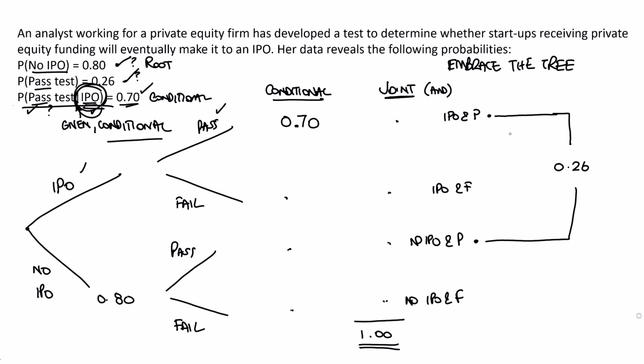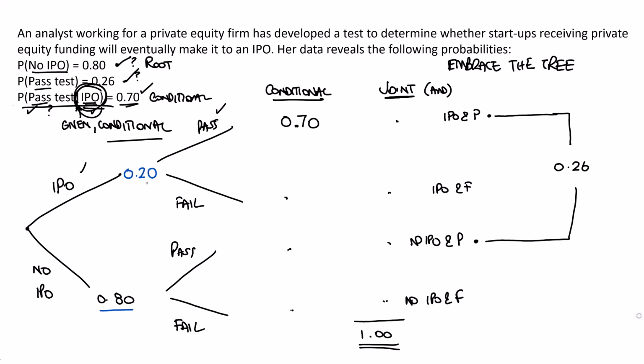So now the fun part. What can I start filling in? Let's go back to the root. No IPO is 0.8. Well, there's only one other option. IPO must be 0.2. What I've done there is use the law of total probability for mutually exclusive and exhaustive events. Or, in simple language, the fact that the probability of every possible outcome has to add up to 1. That has to be 0.2.